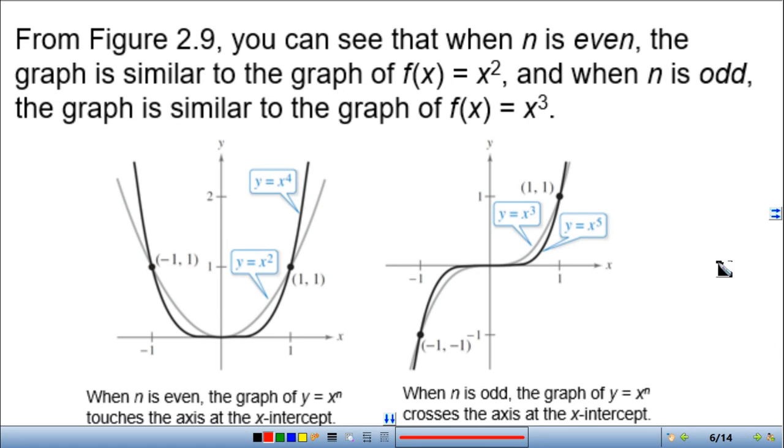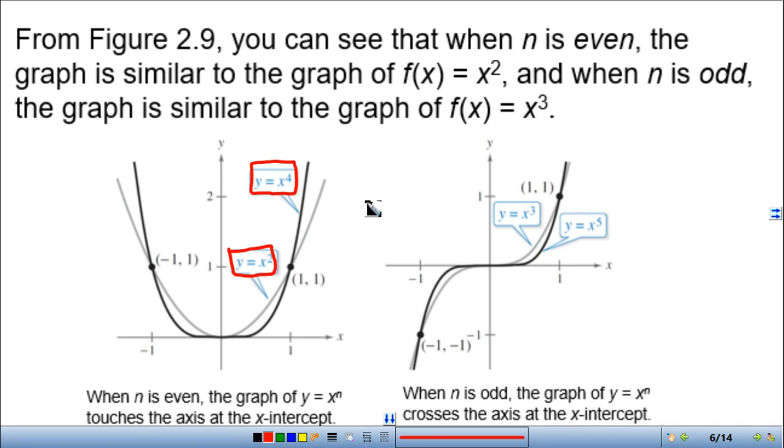So an even function. First off, what you need to understand is for these functions, if I have y equals x squared, that's going to give me a parabola. Y equals x to the fourth is going to give me a parabola too. Y equals x to the sixth is going to give me a parabola.